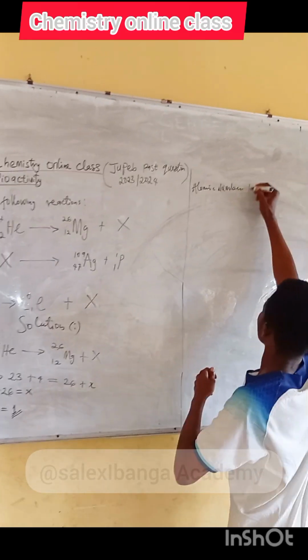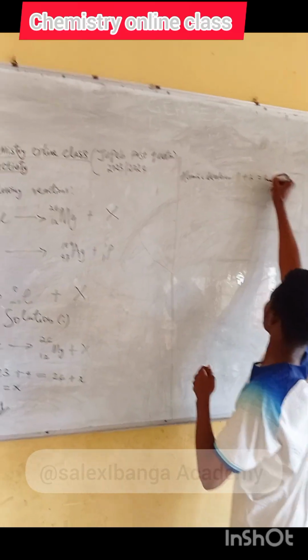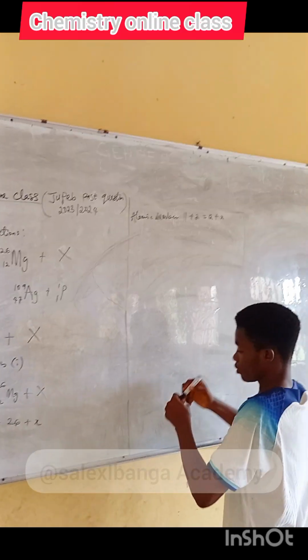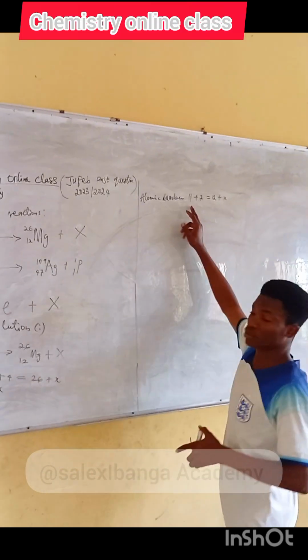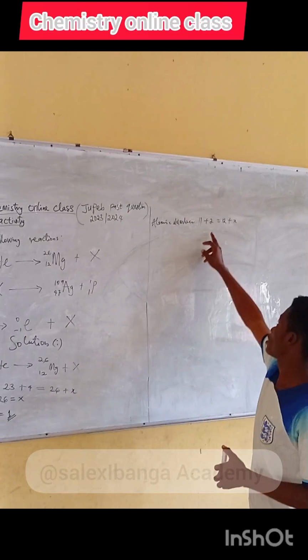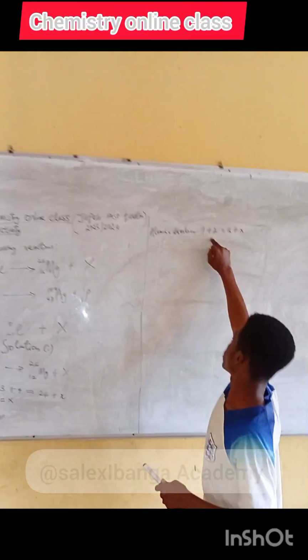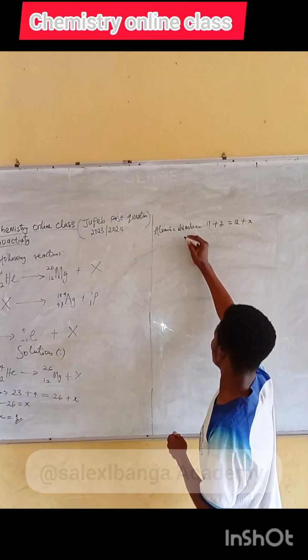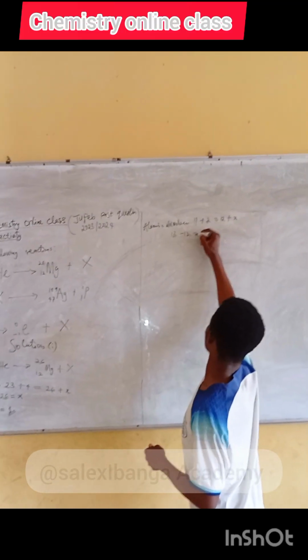So 11 plus 2 equals 12 plus x, because we are looking for x. If I say 11 plus 2, that will give me 13. Then if I transfer 12, that will be minus 12 equals what?